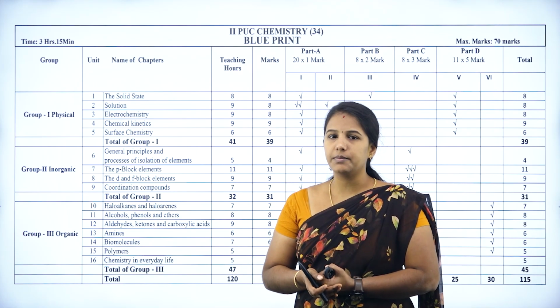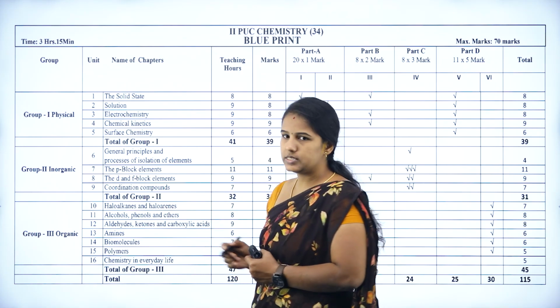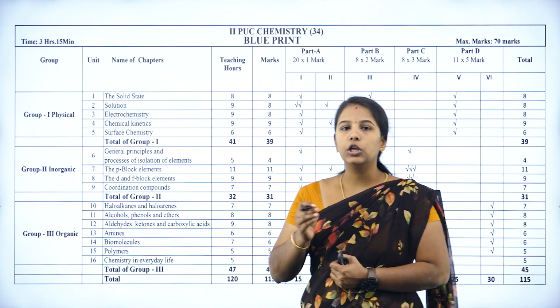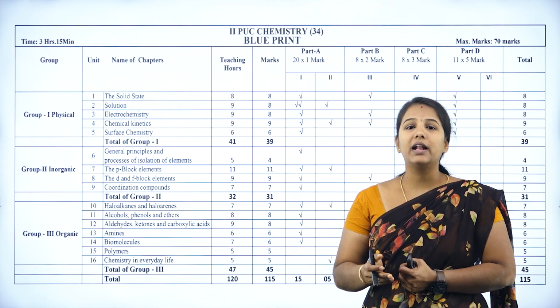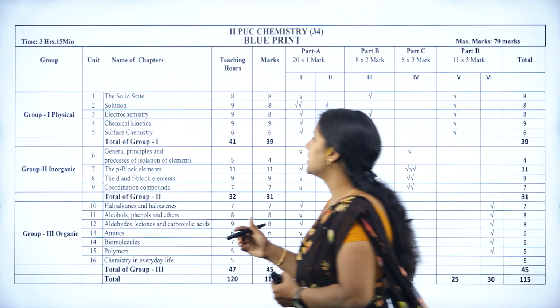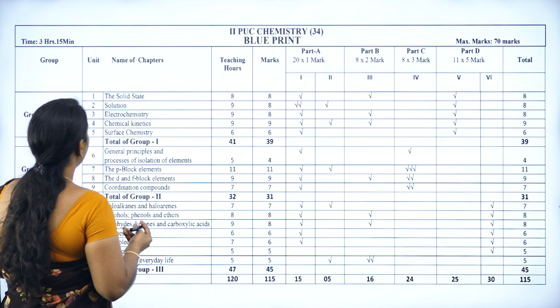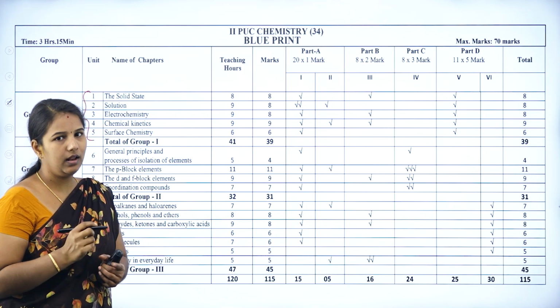In physical chemistry there is a set of 5 units: unit 1 solid state, unit 2 solution, unit 3 electrochemistry, unit 4 chemical kinetics and unit 5 surface chemistry. Let us understand how questions will be raised from all 5 units in physical chemistry.